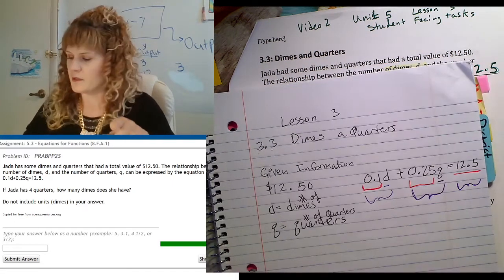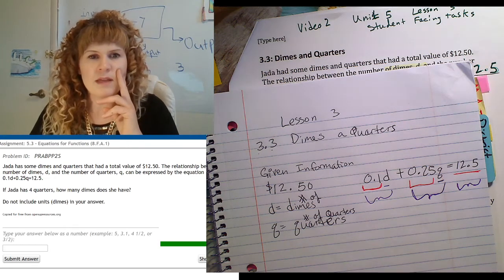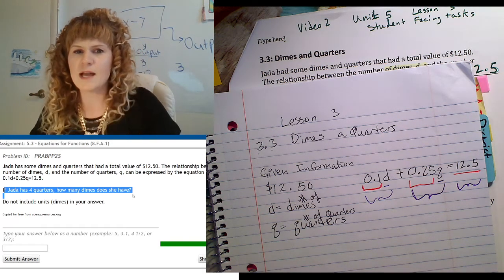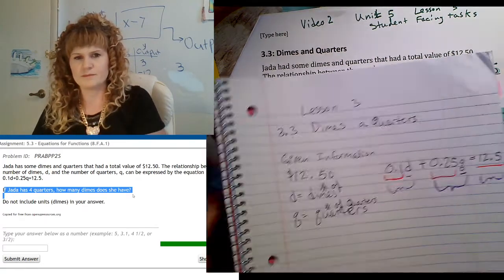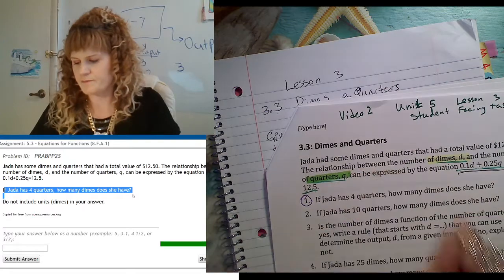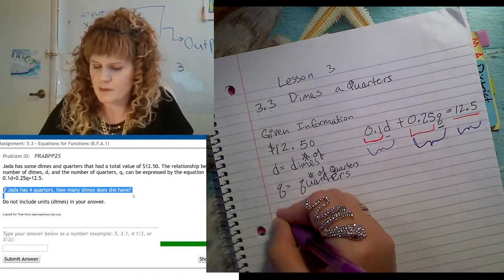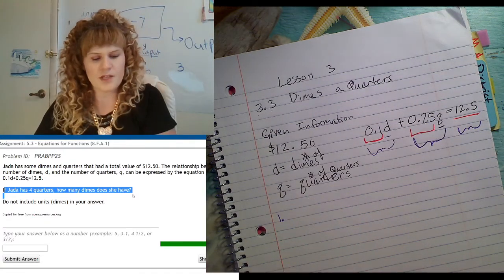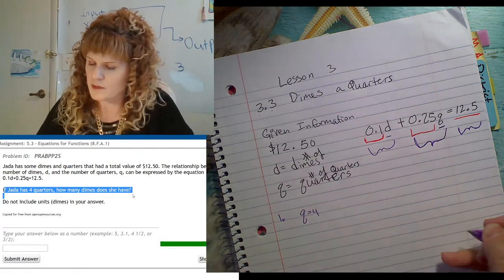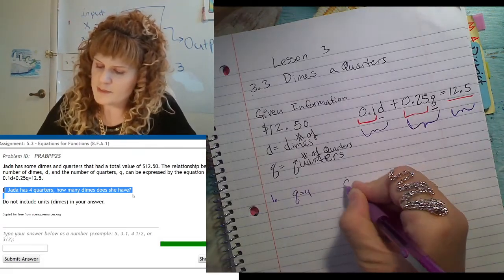On the computer, it says, if Jada has 4 quarters, how many dimes does she have? And that is question 1 in your worksheet. So I'm going to label it 1 in my notebook. If Jada has 4 quarters, then Q equals 4. And how many dimes does she have?